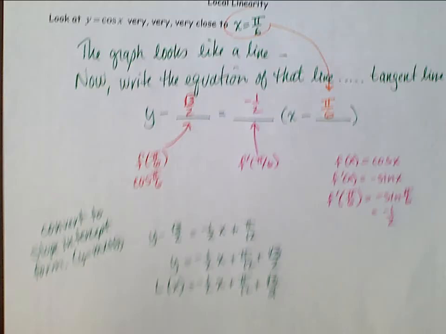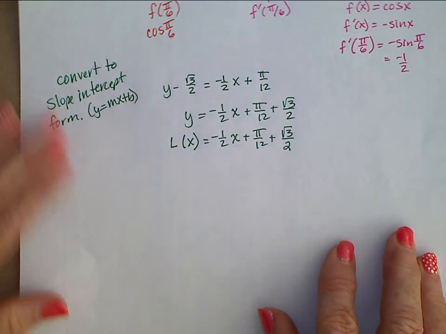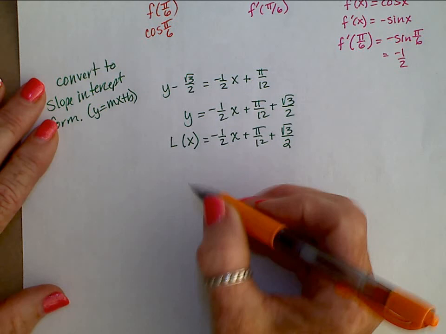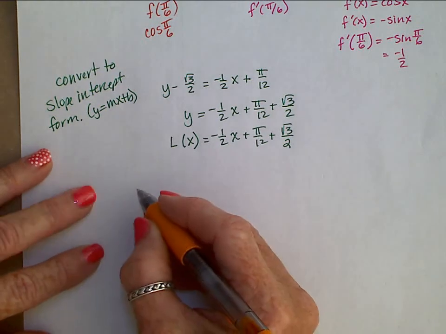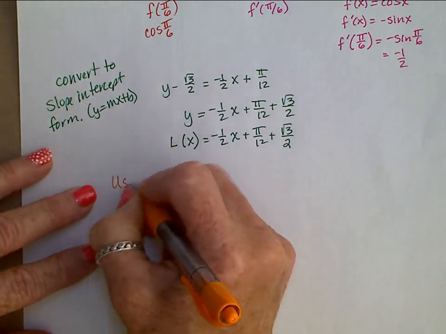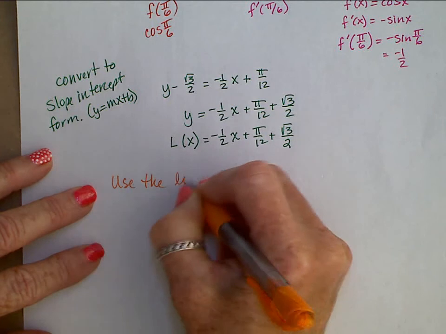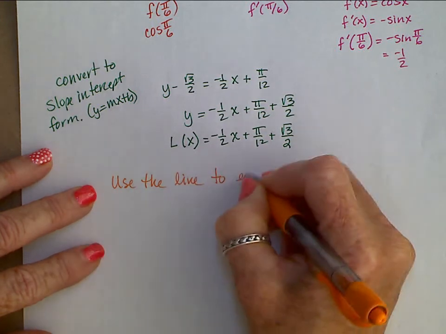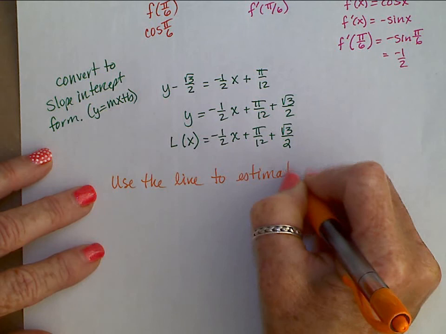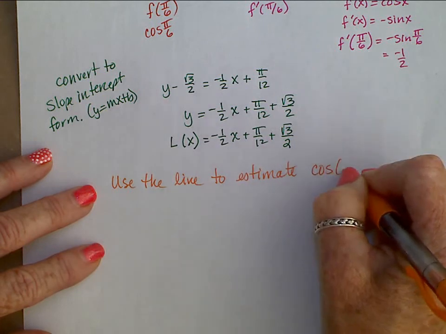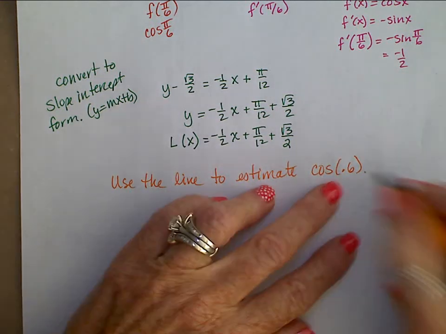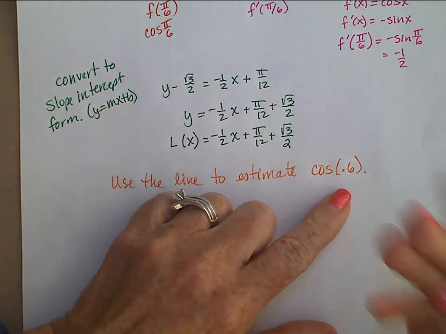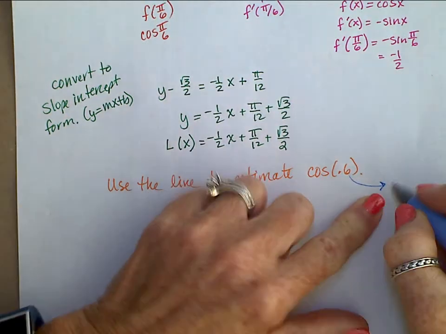All right, now what I would like you to do is to use that line and estimate cosine of 0.6. Okay, why 0.6?